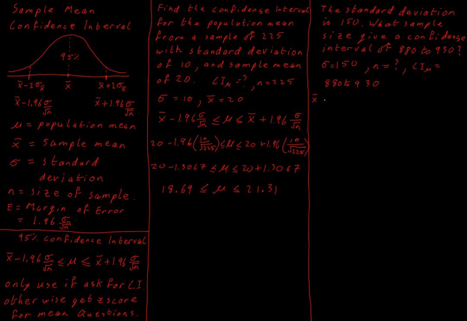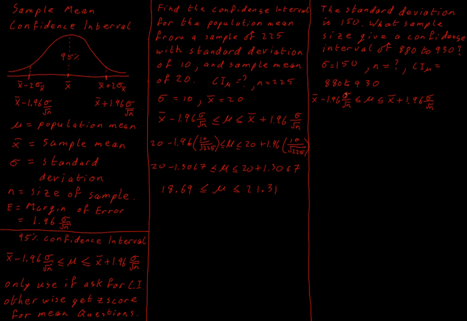So that would be x bar minus 1.96 sigma over root n, x bar plus 1.96 sigma all over root n.